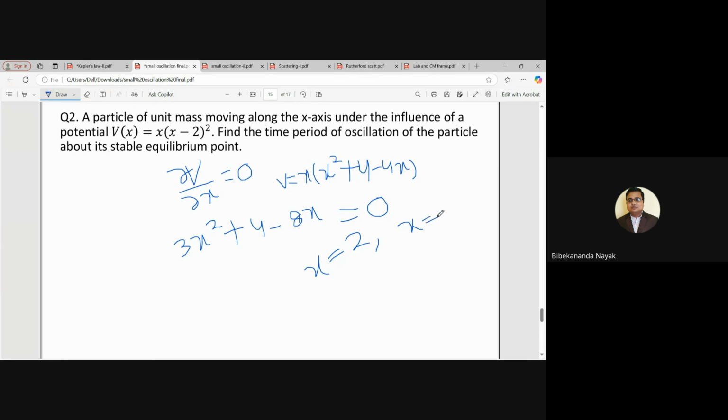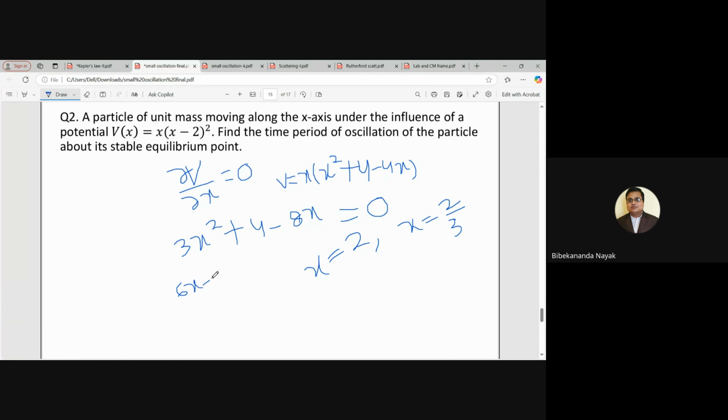The second derivative will obviously be 6x minus 8.